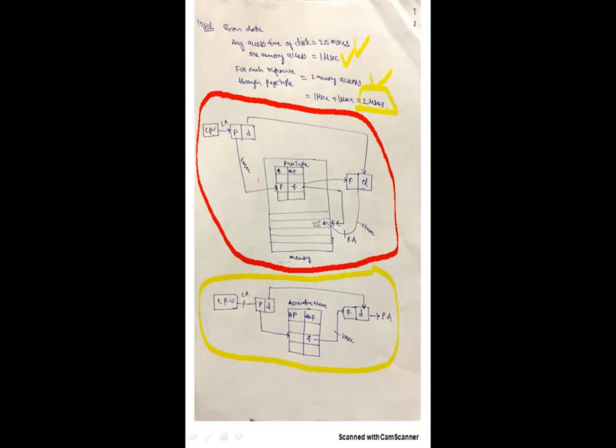I repeat, in the first case, the yellow case, if a page is present in associative memory, we call it a TLB hit. If the page is not present in associative memory, we call it a TLB miss. If there is a TLB miss, you will come to this red case. In the red case, in case of a TLB miss, again there are two chances.